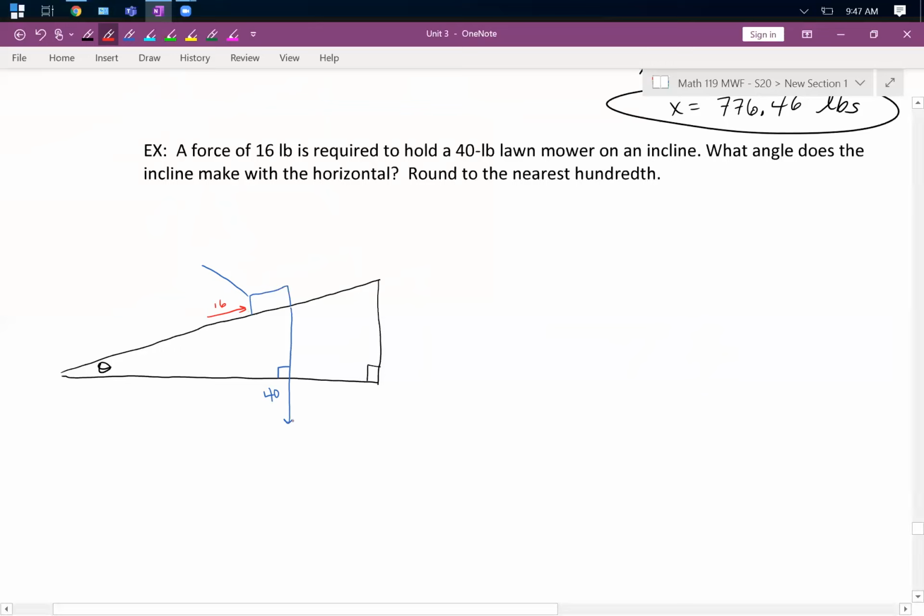So I'm going to move this down here. And then we are going to drop a vector that's perpendicular from our incline right here.